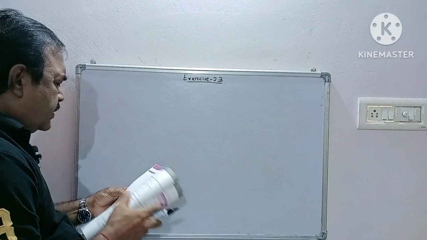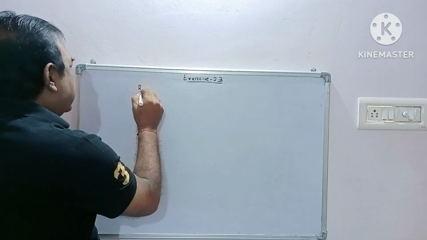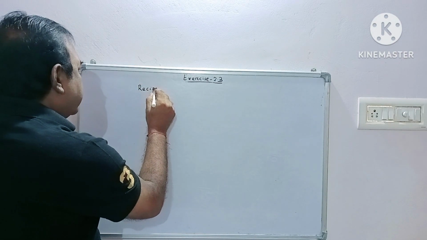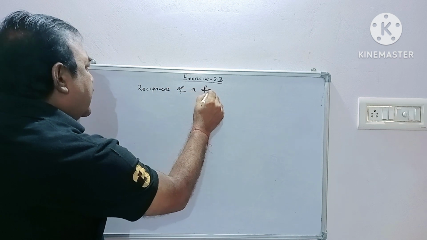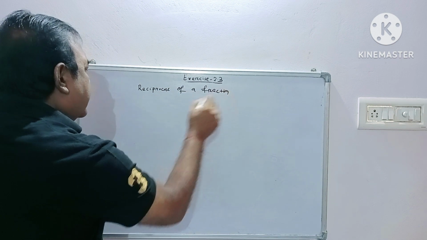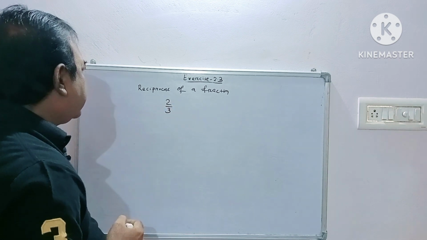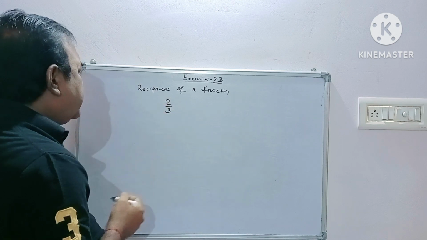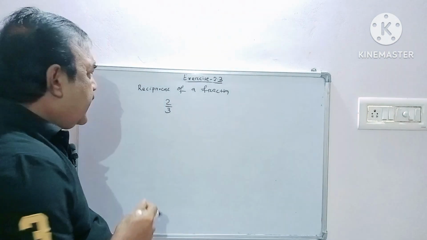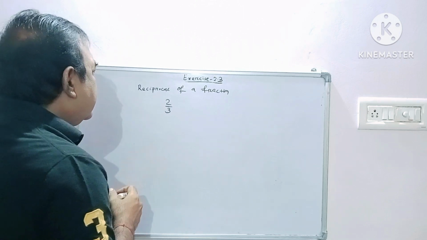And before going to that, you see reciprocal of a fraction. Suppose 2 upon 3, that is a fraction. So what is the reciprocal of this fraction? Now you just interchange the digits.